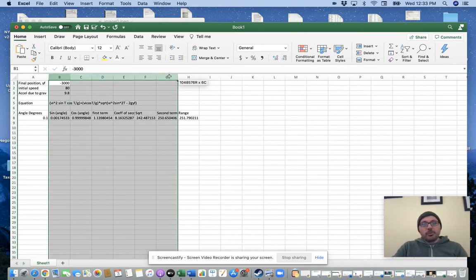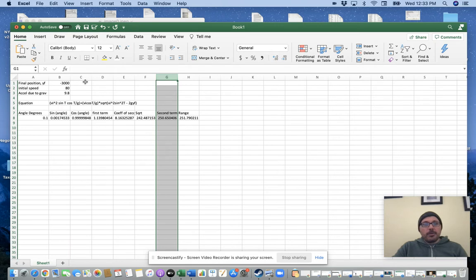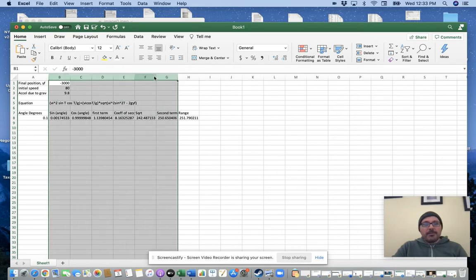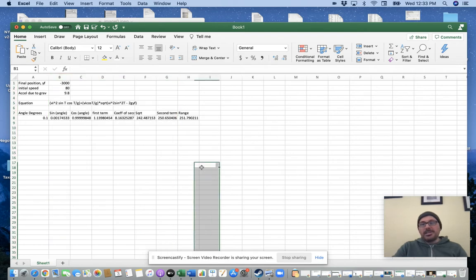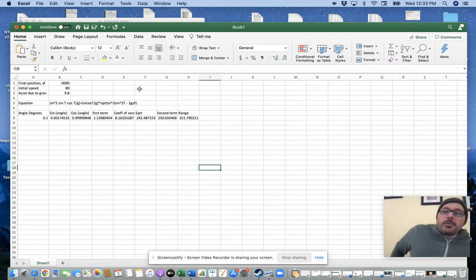I can actually just group all of these things. And if you go, group all of these, and if I want to hide those columns, I could just hide them so people wouldn't see the work. But I think it's easier just to do little bits and pieces as you go along. And the nice thing about Excel is we can create then a structure where we can vary the outcome and test different solutions.